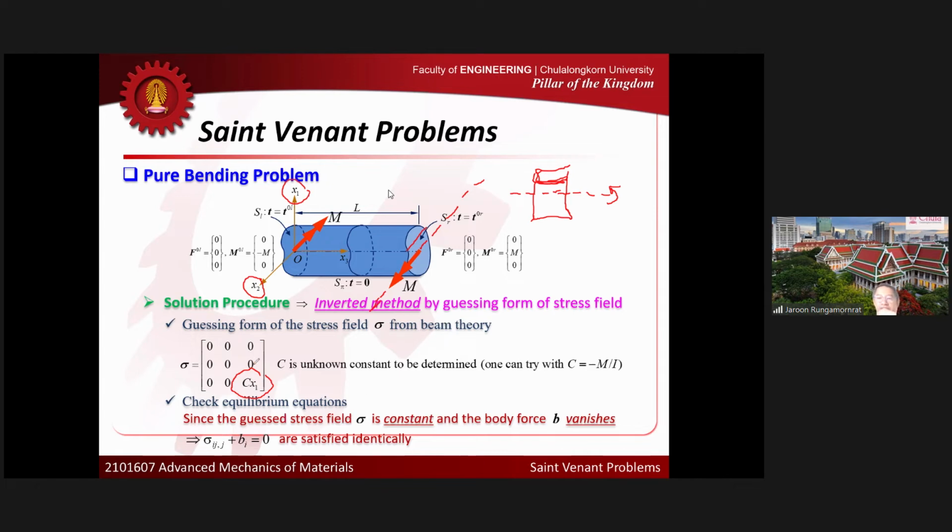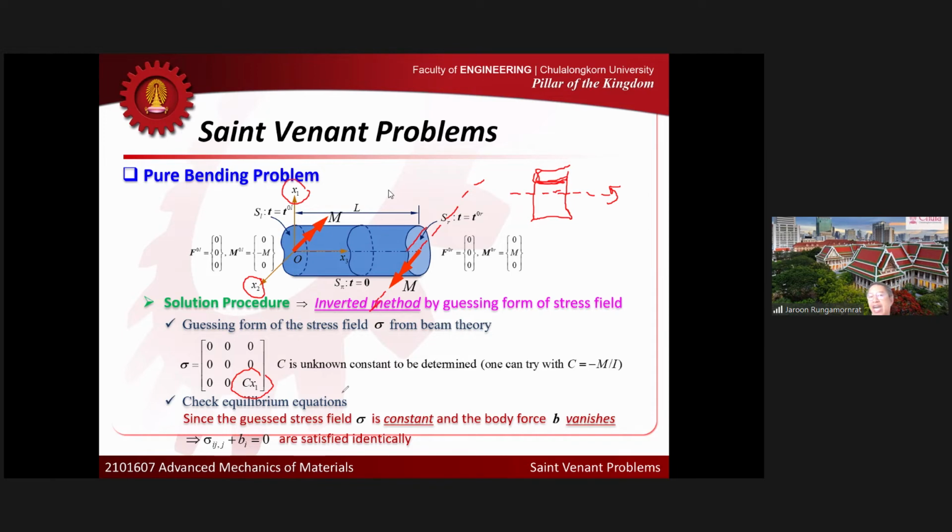As I mentioned before, the form here I just guessed from the beam theory. It may not be right. At this point, I just try to come up with some trial form. The simplest way that I can think about is to use the knowledge that I learned before.